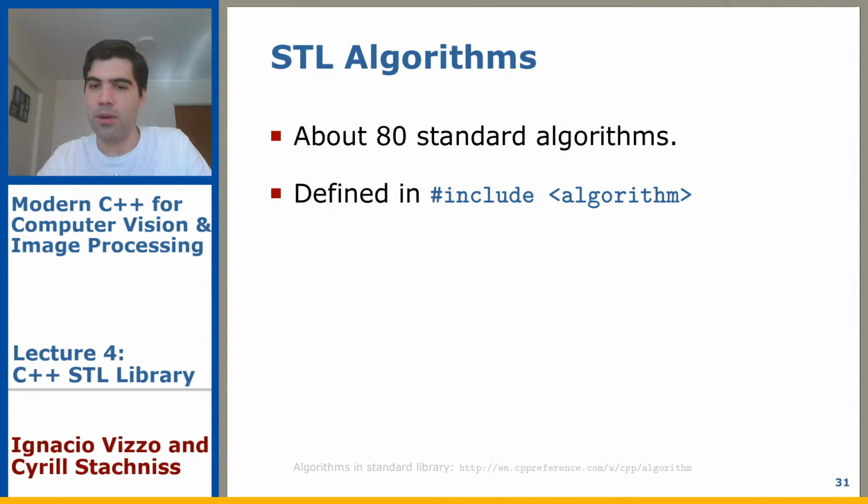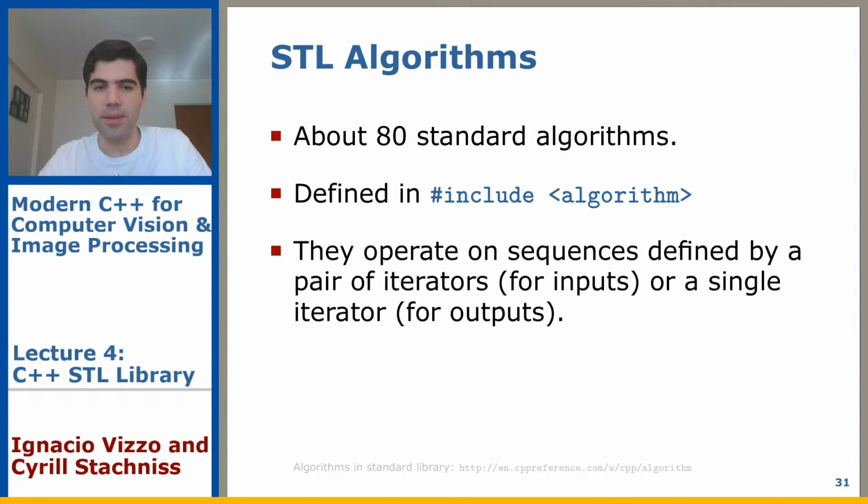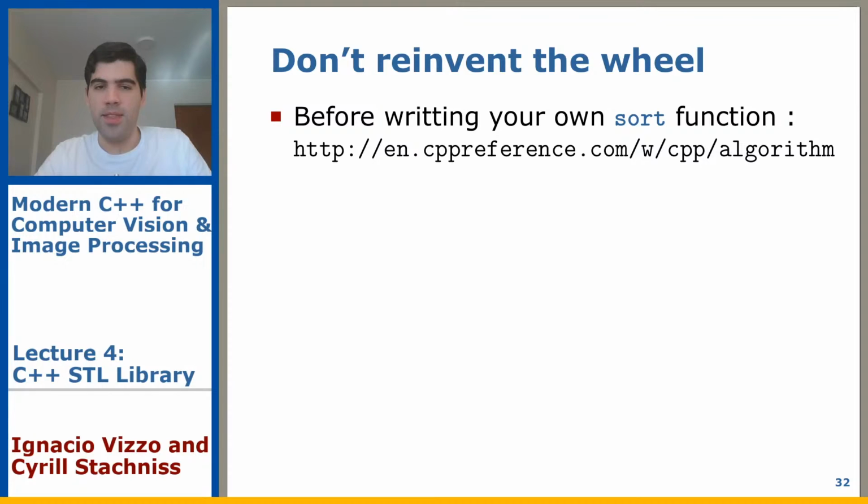They're defined in the algorithm library, in the algorithm header file. It's part of the core C++ library, so it's not a third-party library, so you already have this. They operate on sequences defined by a pair of iterators for inputs or a single iterator for outputs, depending on what you want to do. And the key message is don't reinvent the wheel.